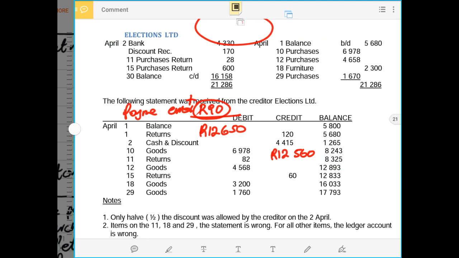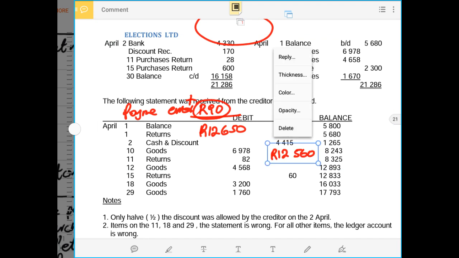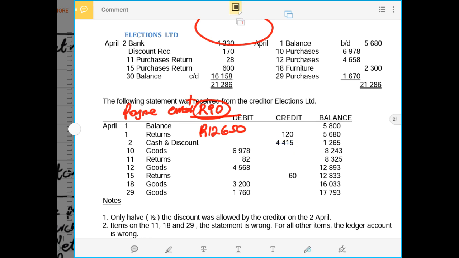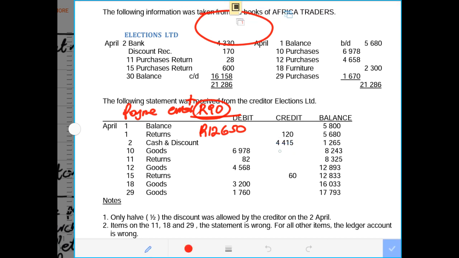This was a payment, and if we pay our suppliers, it was supposed to be 8,300 on this side, but they did not record anything.